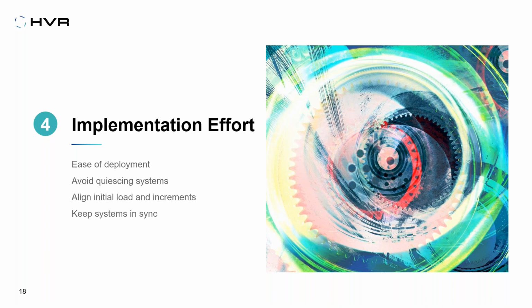You don't want to introduce an outage on your source system. You don't want to have to, let's say, duplicate all of your data unnecessarily just in order to get a stable view of the system so that you can start an initial load. So how can you align the initial data load and the incremental changes that people look at?